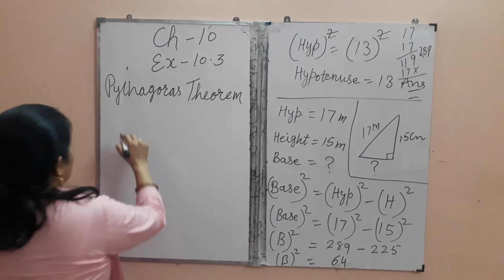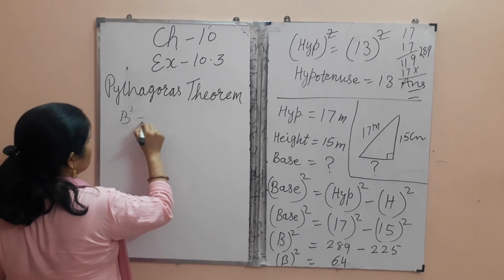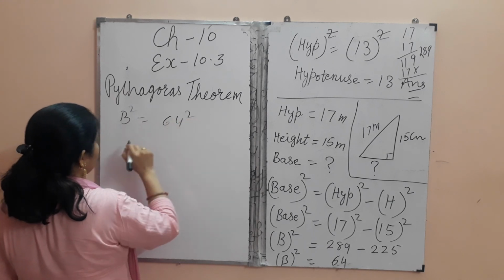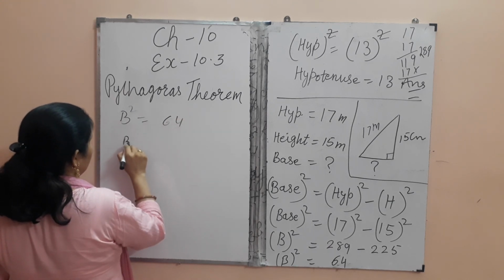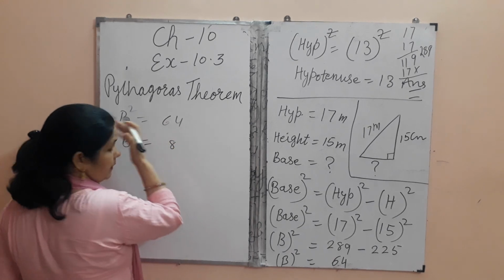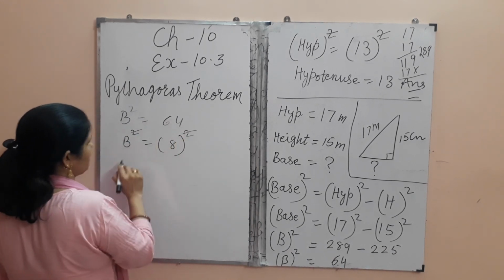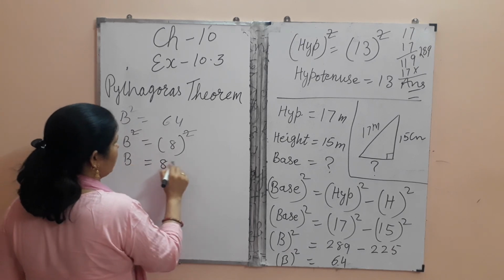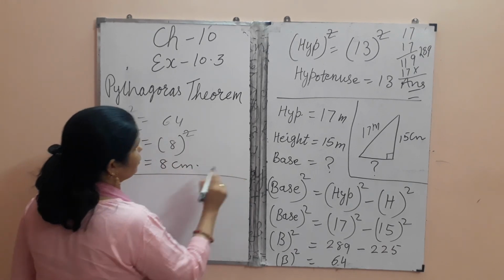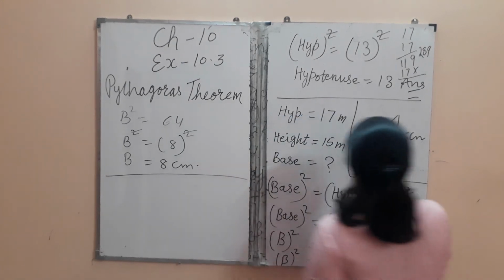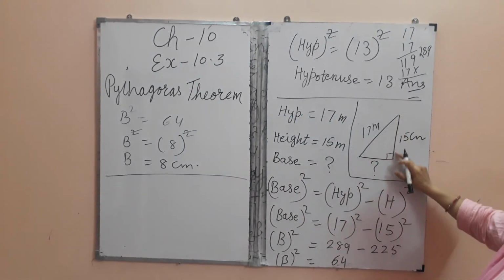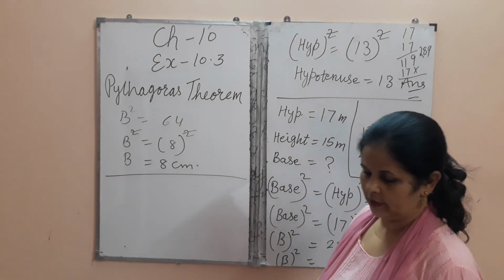So base square equals 8 square. Square by square cancel, and base equals 8 meter. So this is base, the distance between the foot of the ladder and foot of the wall. It is 8 meter. Understood?